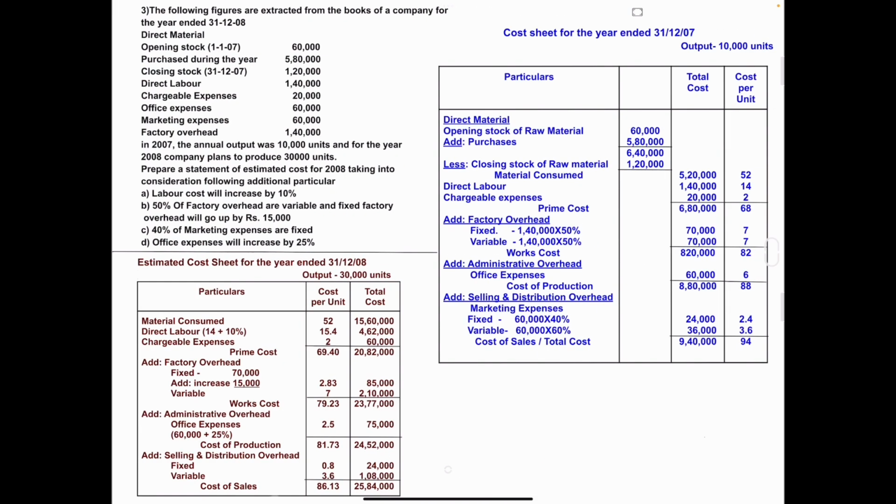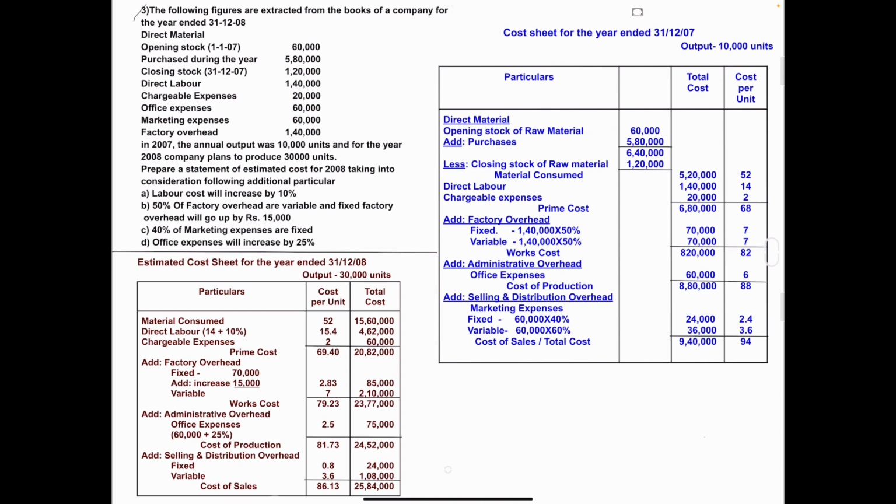Class, we will solve a problem on tender and quotation. In this type of problem, we have to prepare two cost sheets. One is the current year cost sheet and second is the estimated cost sheet to find out estimated cost and profit. So let's start. Problem number 3. The following figures are extracted from the books of a company for the year ended 31st December 2008.